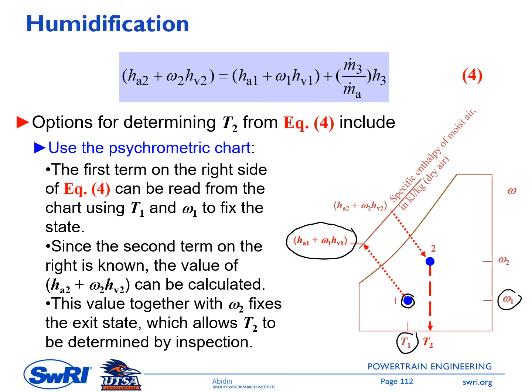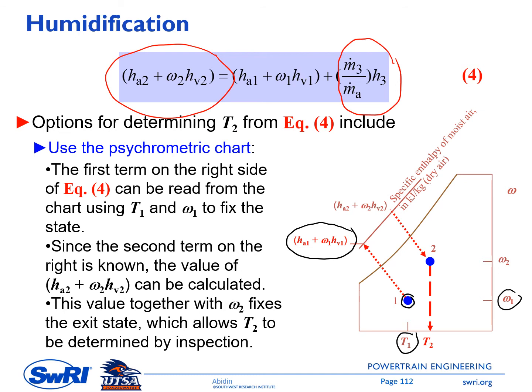And then the second term on the right side is usually known in the problem. Then we can calculate the term on the left side. And then this value, together with omega 2 that is calculated from the mass balance, fixes the exit state.